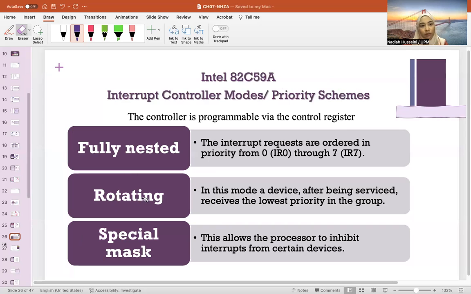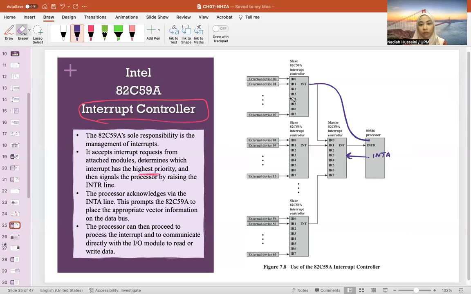Okay, so the second mode is called rotating. In this mode, a device after being serviced receives the lowest priority in the group. Let's say we don't use the fully nested, right? We have received multiple interrupts. Let's say I say, okay, I want to process this device first.